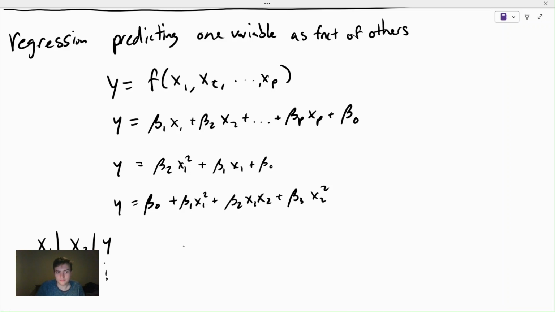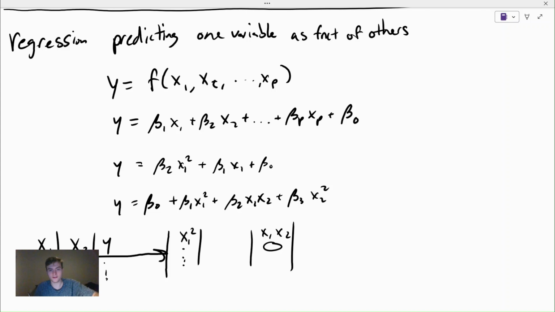Well, then we could calculate another column for x1 squared, and we would just be taking each of those values and squaring them. For x1 x2, we would just be taking one of these values, one of these values, and multiplying them together. And generally, when we're saying regression, y is a continuous variable.